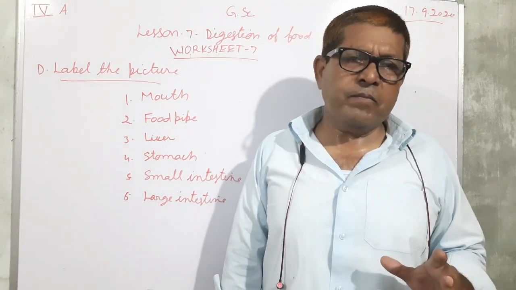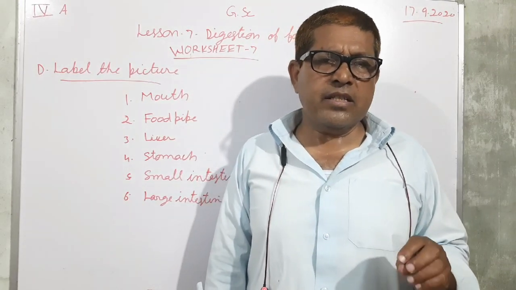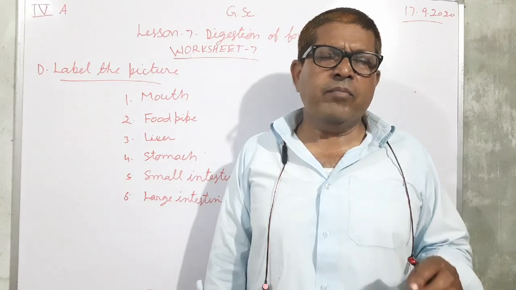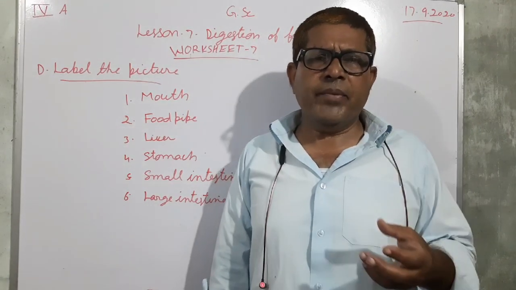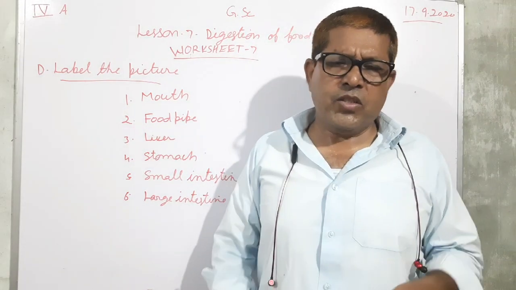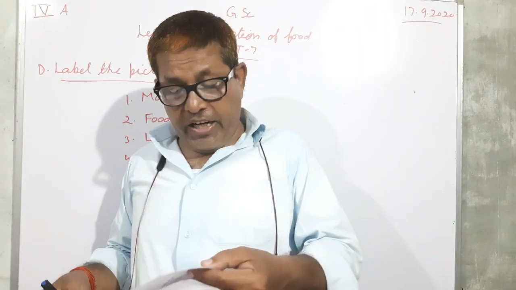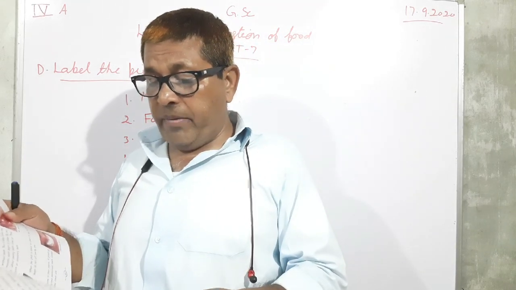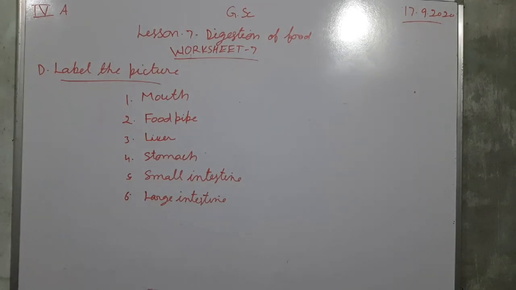So we should avoid taking junk food. We can take junk food, but in a very limited amount. So in this way, you can make a chart showing good eating habits, and also discuss the harms of eating junk food.